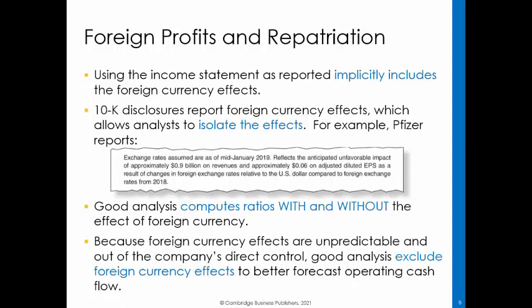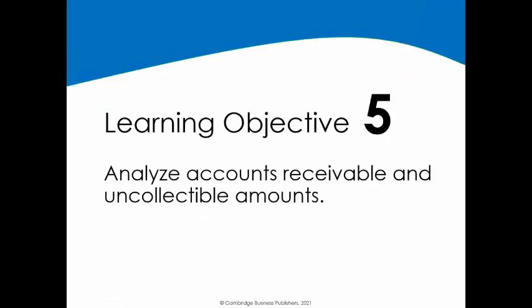One approach to handling foreign currency translation is to back out the revenue and expense effects to yield income statements that are not affected by these fluctuations. Because foreign currency effects are unpredictable and out of the company's direct control, we exclude those effects in a desire to better forecast operating cash flows.